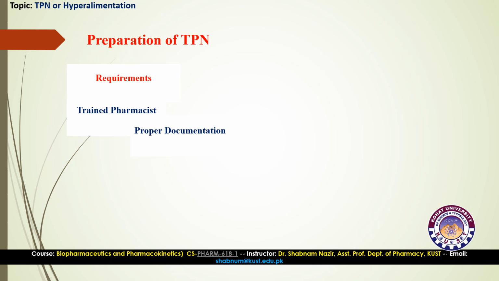Whatever order is received, the ingredients after checking for compatibility are recorded in the worksheets. And then when the ingredients are collected after proper identification and cross confirmation, the documentation is properly signed by the pharmacist.